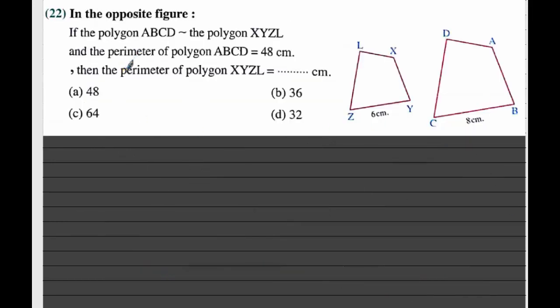Here we have question 22. In the opposite figure, if polygon ABCD is similar to polygon XYZL and the perimeter of polygon ABCD is 48 centimeters.